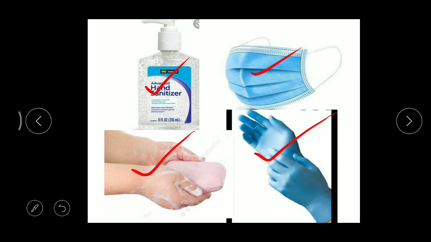We must clean our hands with the hand sanitizer, the next with hand wash, a clean soap and water. And while going outside we must wear this mask on our face, and even our hands must be covered with gloves, right?